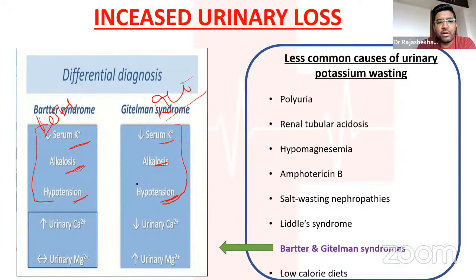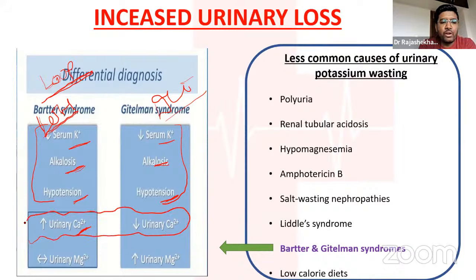How to differentiate between Bartter and Gitelman's? As I told you, Bartter's defect is in the loop of Henle, so it behaves like loop diuretics. Since loop diuretics cause hypercalciuria and thiazide diuretics cause hypocalciuria, by the differential excretion of calcium you can differentiate between Bartter and Gitelman's.